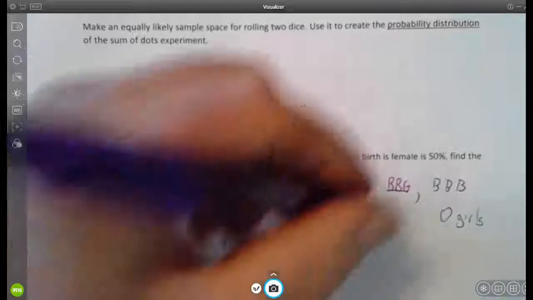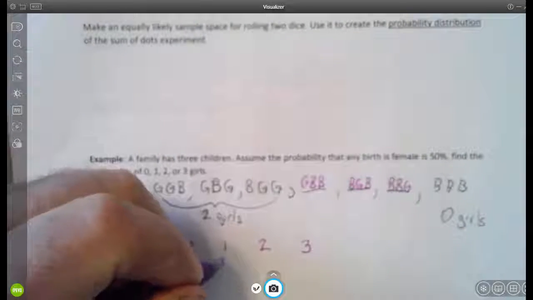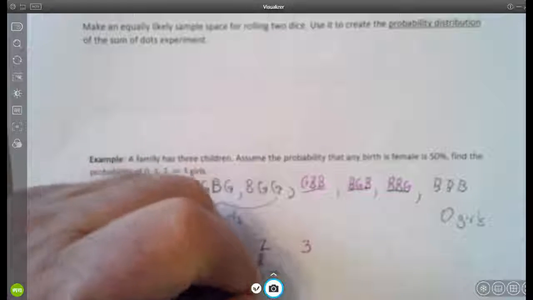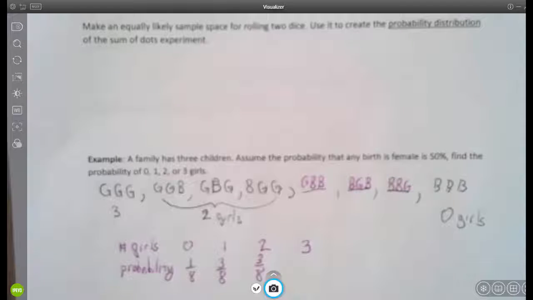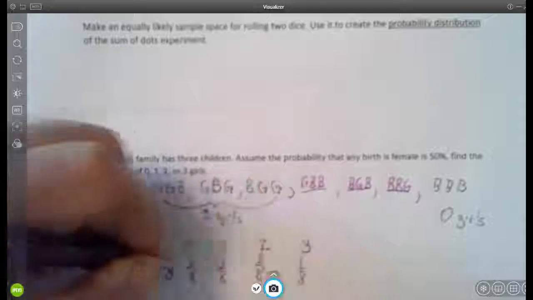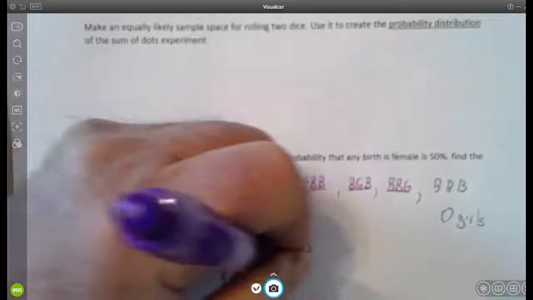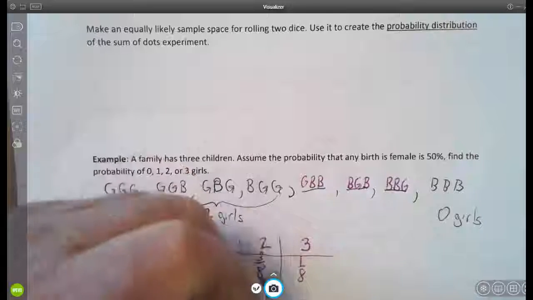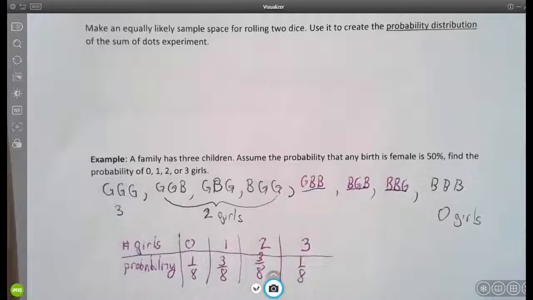Probability of 1 girl, there are 3 ways of that happening, so 3/8. Probability of 2 girls likewise is 3/8. And the probability of 3 girls is the same as the probability of no girls, 1/8 once again. So that is the probability distribution for the number of girls in 3 births.